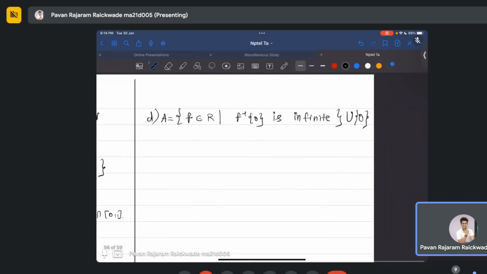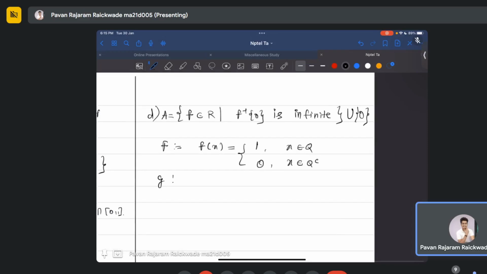So how about this set? Here, can we define two functions f and g whose zero sets are infinite, but if you add or subtract those two, the zero set is no longer infinite? So let's see. I'll define f of x as 1 when x is rational and 0 when x is irrational.